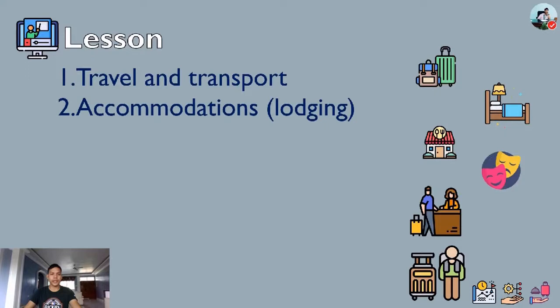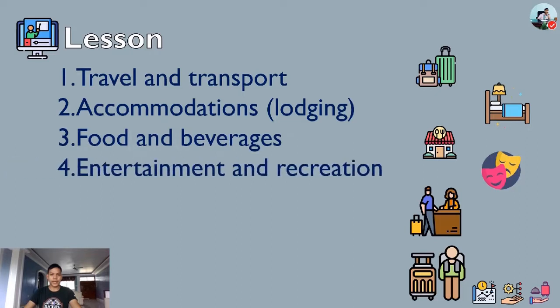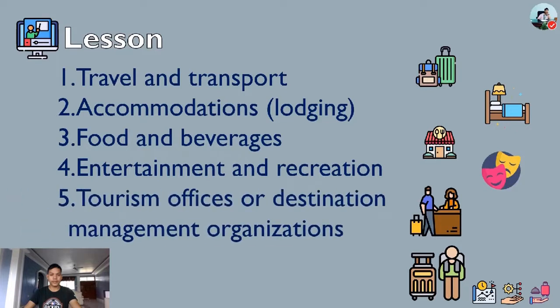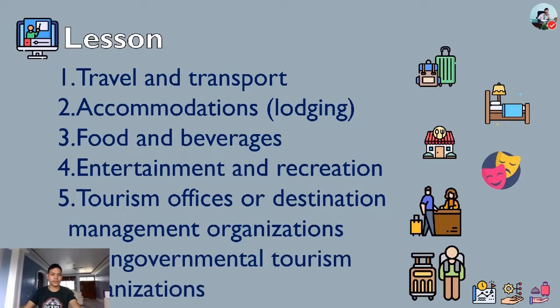We also have accommodation, which is the lodging. We also have food and beverages. We also have entertainment and recreation. And five, tourism offices or destination management organizations. And we also have non-governmental tourism organizations.